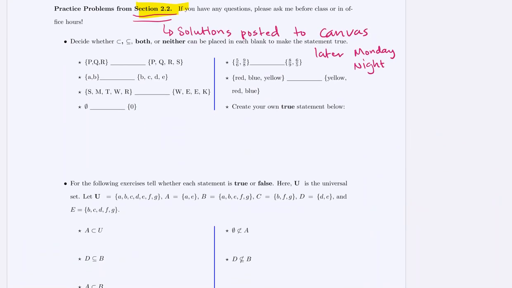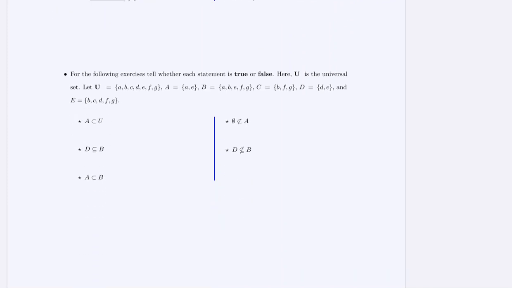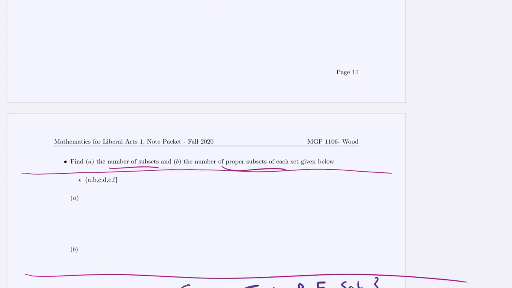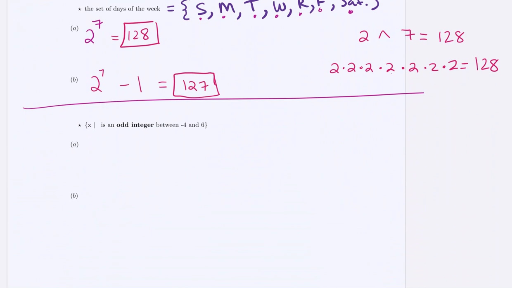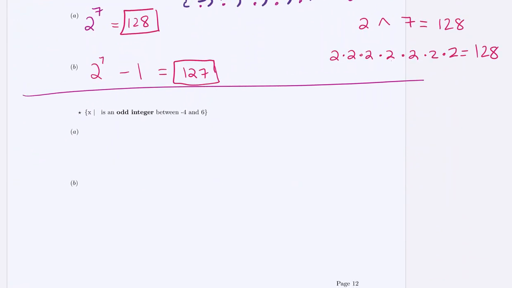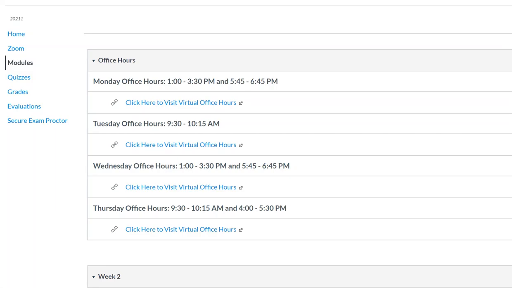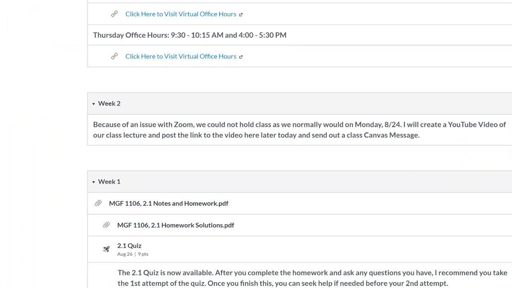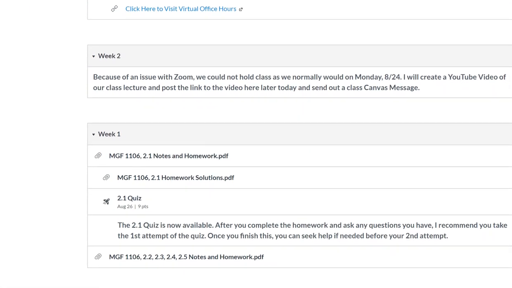So work on these 2 pages of 2.2 homework problems. Then when the solutions are posted later tonight, check your work. Seek help on any questions that you have just to clarify these concepts. And then when you're ready, go to our course's Canvas page and modules. If you go to week 2, later today, once I've got a little bit of time after my classes, I'm going to put a 2.2 quiz in week 2, similar to how the 2.1 quiz was in week 1.